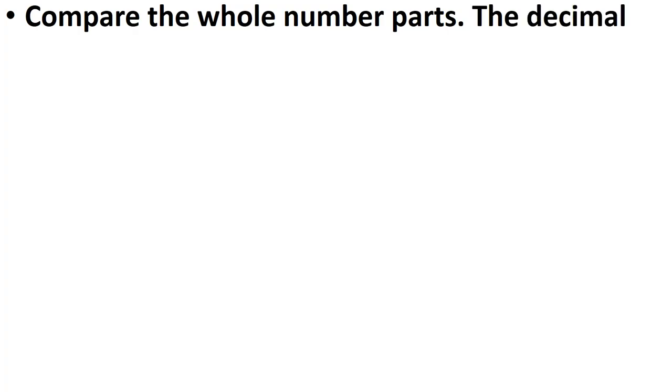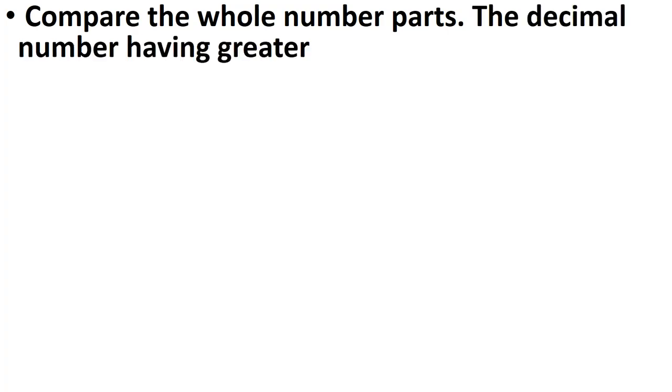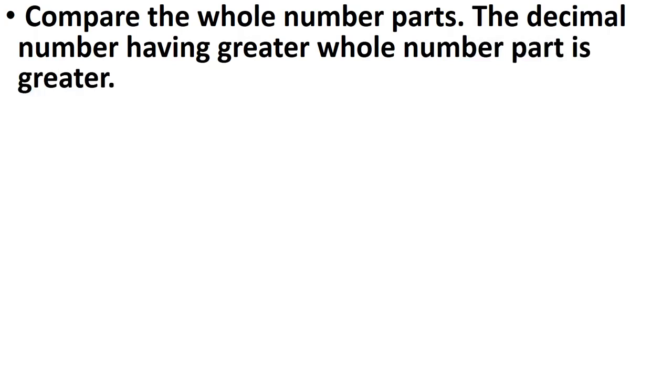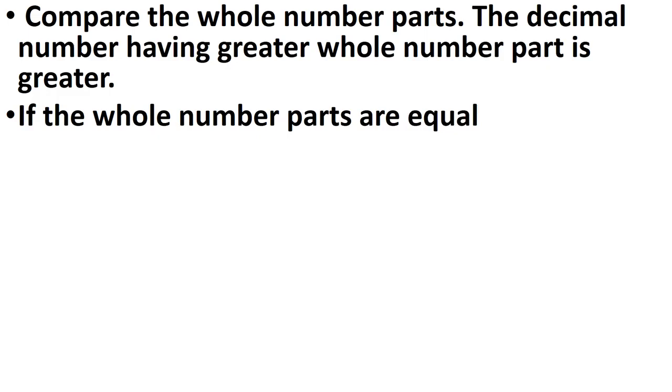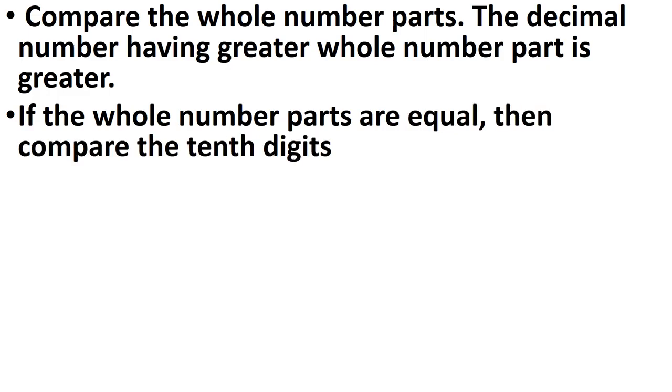Second is to compare the whole number parts. First of all, you have to compare the whole number part, that means the part which is on the left hand side of the decimal. The decimal number having the greater whole number part is greater. If the whole number parts are equal, then compare the tenth digit. Okay?